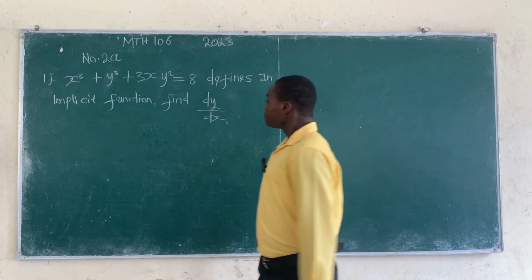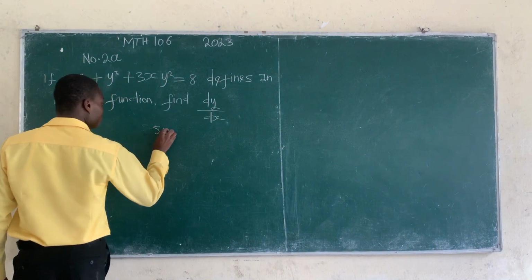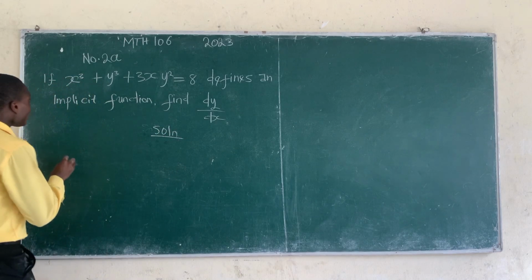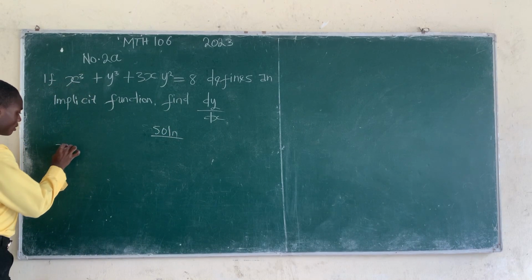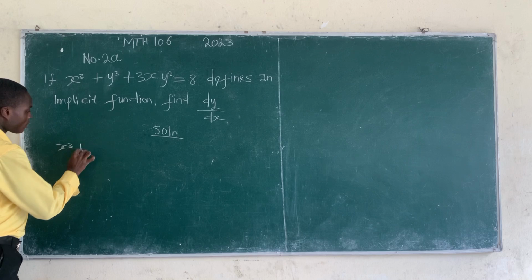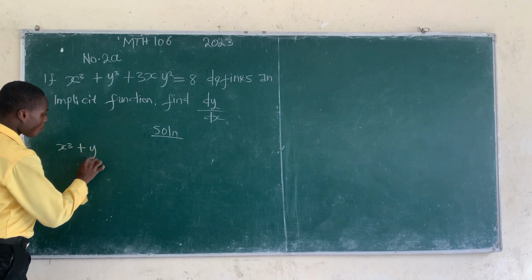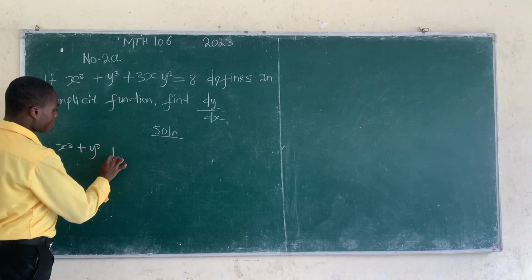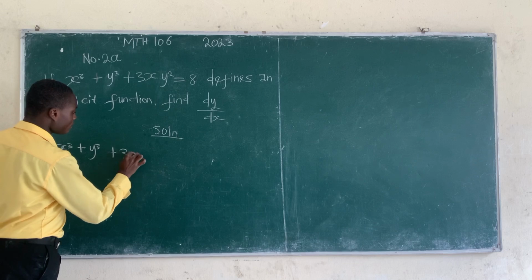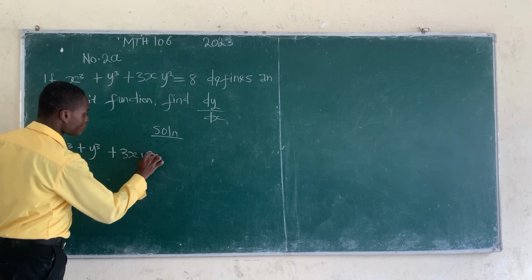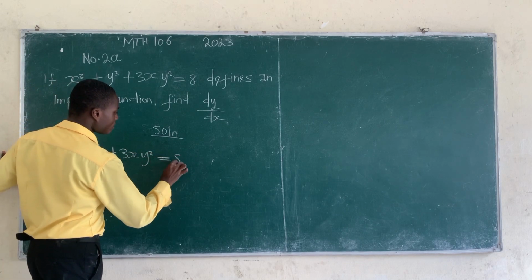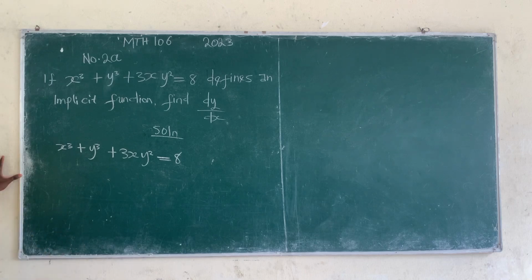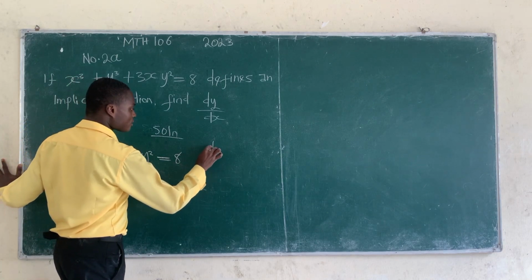So let's get started. We have the given function x cubed plus y cubed plus 3xy squared equals 8. Now we are asked to find dy dx.